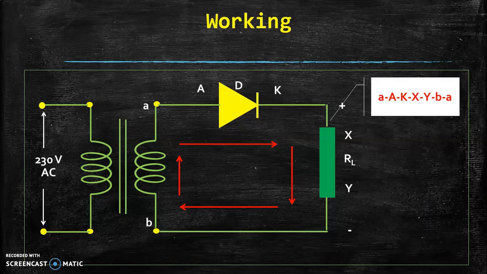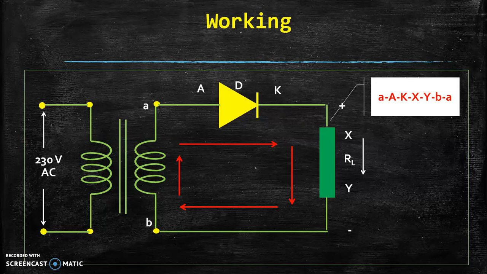The path of conduction is from point A to anode to cathode, then to X, then to Y, then to B, and at the last again back to A. So this is our path of conduction during positive half cycle, and during positive half cycle the same cycle appears across the load in a single direction. So the flow of current through the load is from X to Y. So X terminal is known as the positive terminal, and Y is known as the negative terminal.